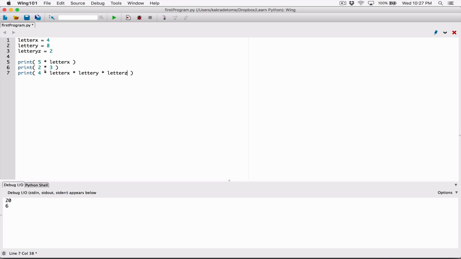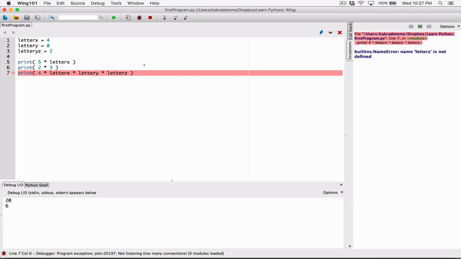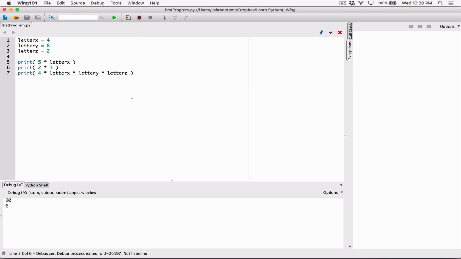That's how I would convert something like this into a programming statement, right? So run this, and we have an error. Letter z is not defined. I called this letter yz. So I'm going to name this letter z, so it will match. Run it one more time, and it's working.